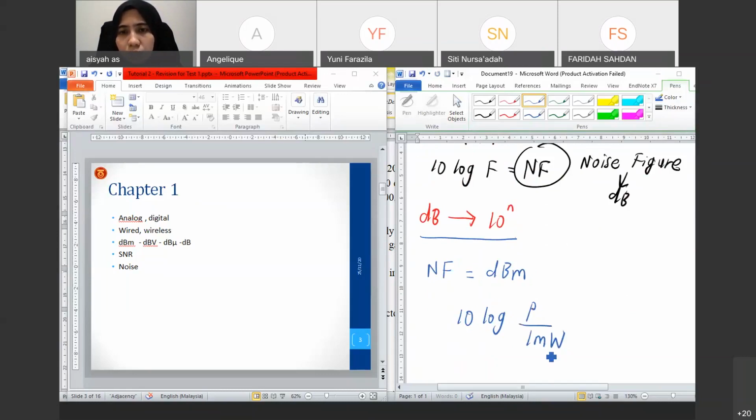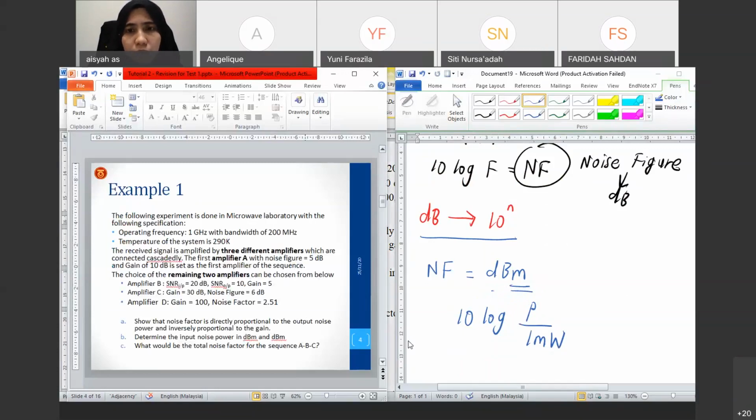So you need to know how to change from this value, the milli, micro, to the linear form. So you need to consider whether it is only dB or dBm, or either one. So you need to change based on the parameter given. Okay, if no questions, we proceed with the first example.